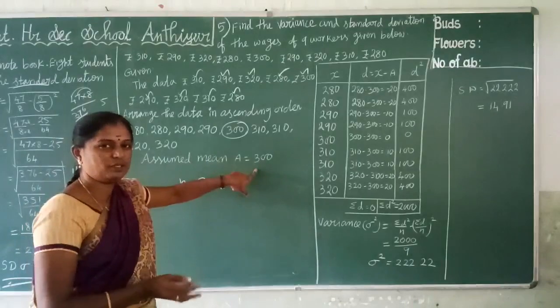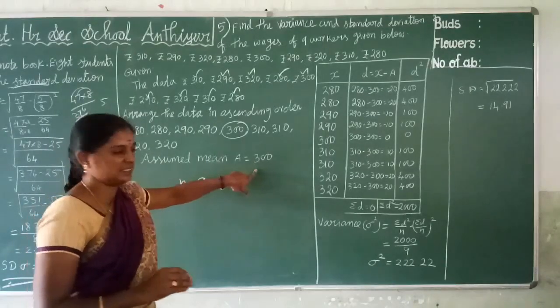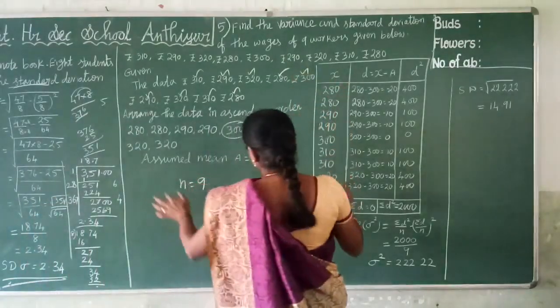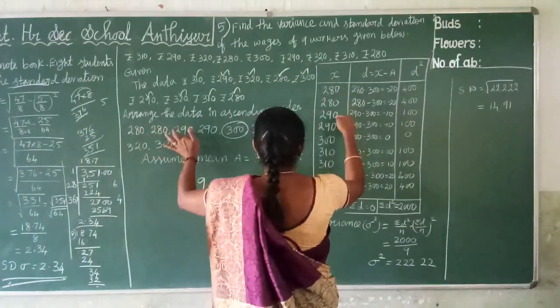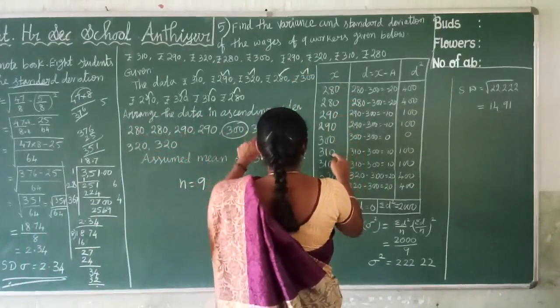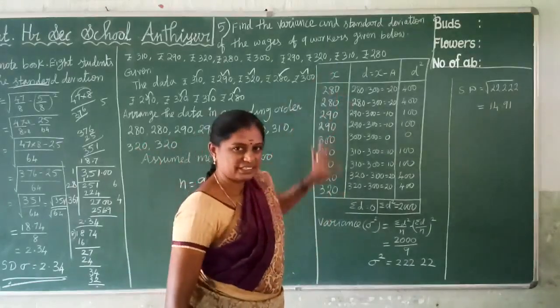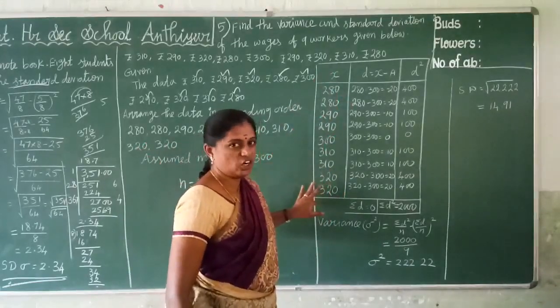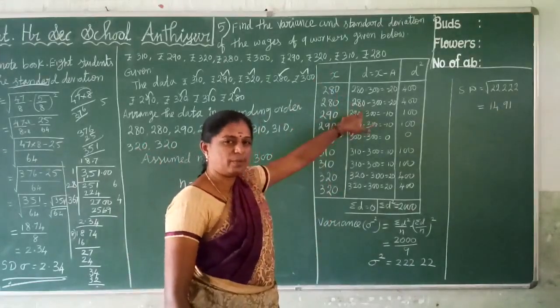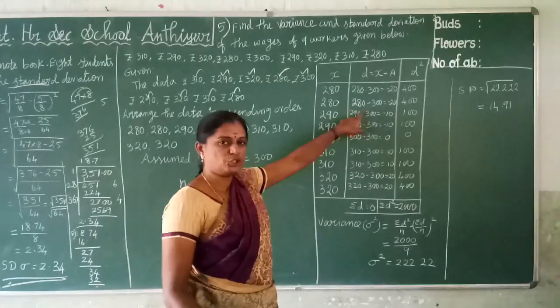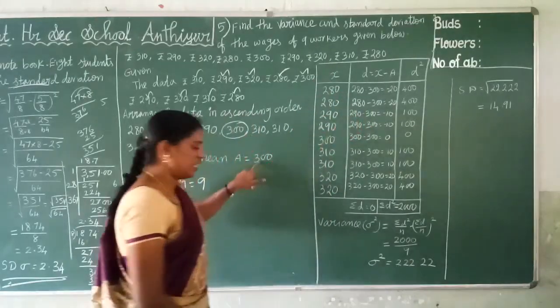Fourth question you completed, now the same method. First one, x. So you write all the data: 280, 280, 290, 290, 300, 310, 310, 320, 320, the same x data values in ascending order. And next D, formula x minus A. A is the assumed mean, here 300.